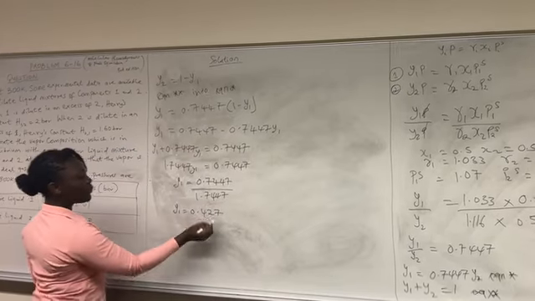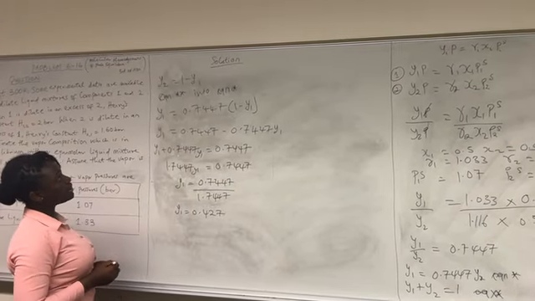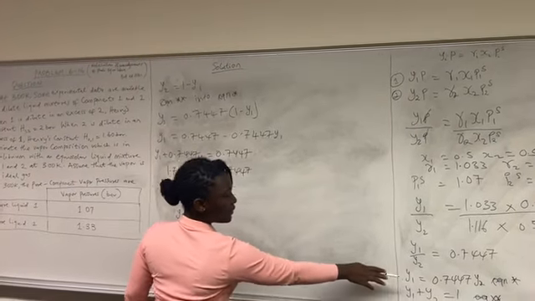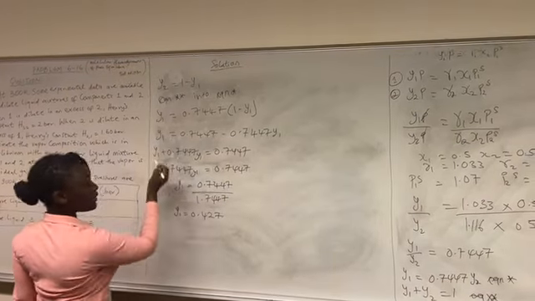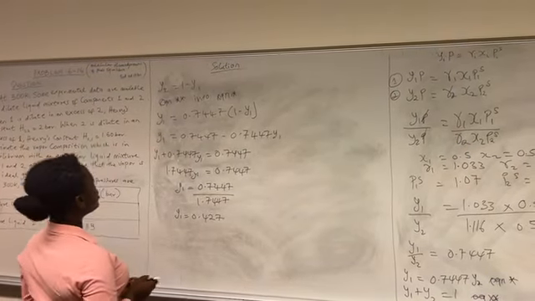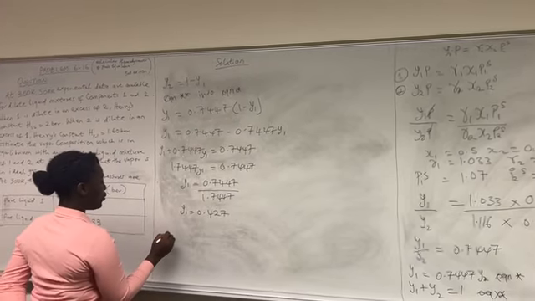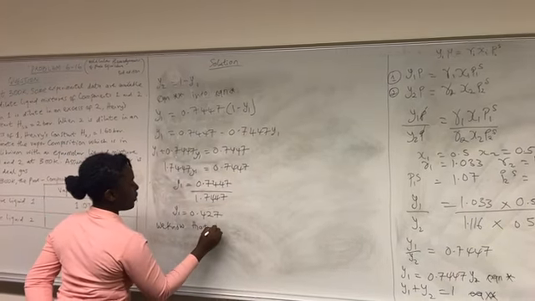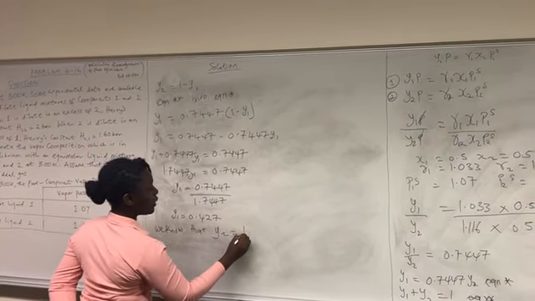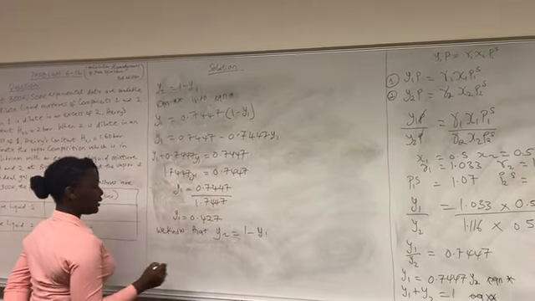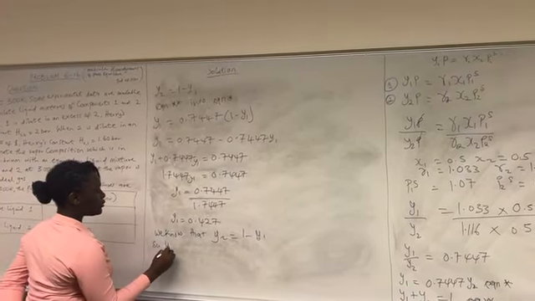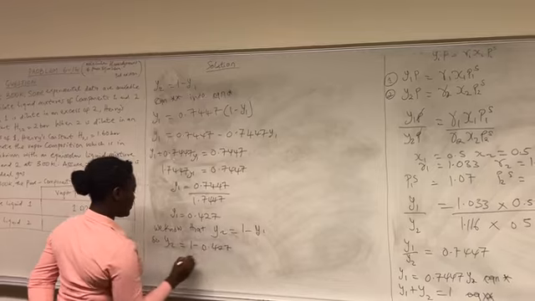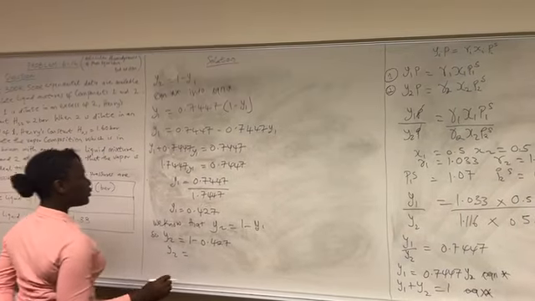So we can put this back into equation star star. Then you get our y2. So we know that y2 is equal to 1 minus y1. So y2 will be equal to 1 minus 0.427. And our y2 will be equal to 0.573.